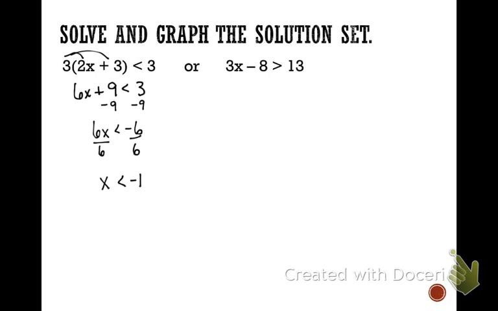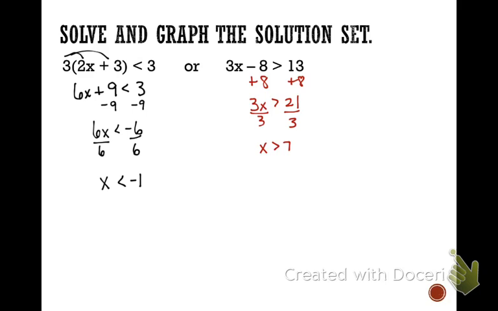It's if you multiply or divide by a negative. What am I going to do on the second problem? Add 8. So I'm at 3x greater than 21. Divide by 3. x is greater than 7.